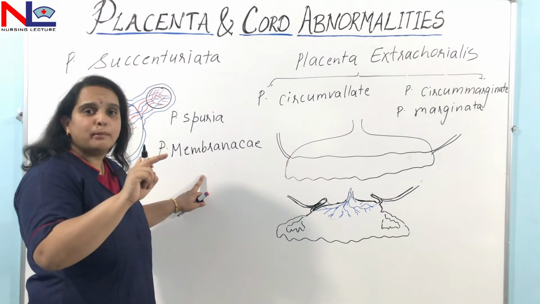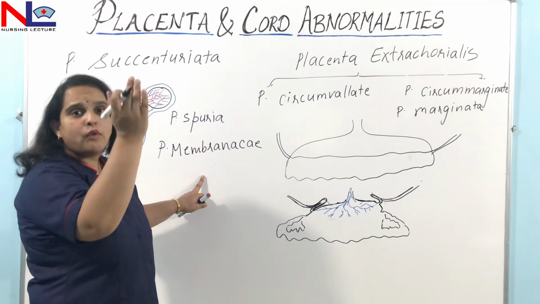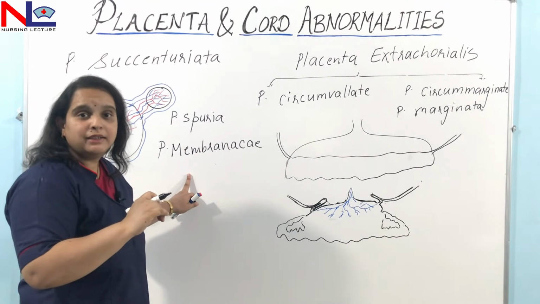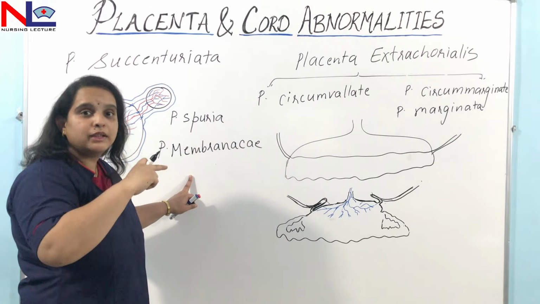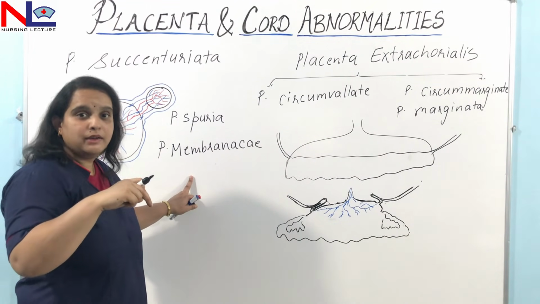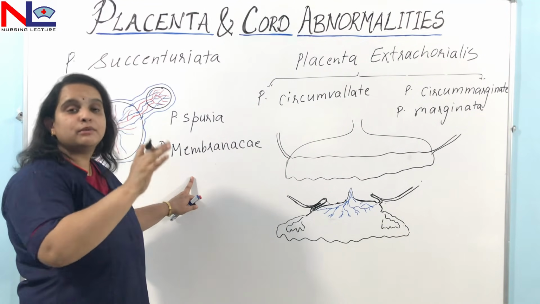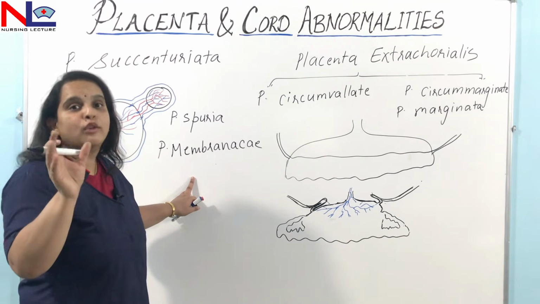Normally villi form at the decidua basalis side and form a discoid shape of placenta. Normally the capsularis part forms the chorionic leaf, because the villi forming toward the capsularis region become atrophied as the embryo or the fetus grows more and more.